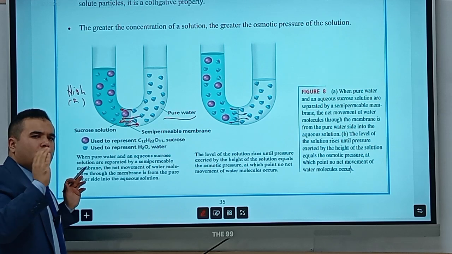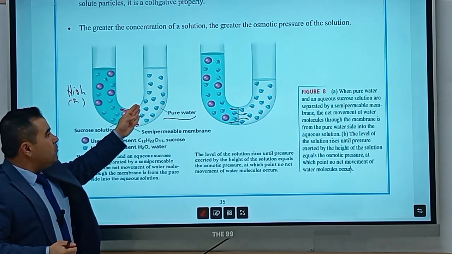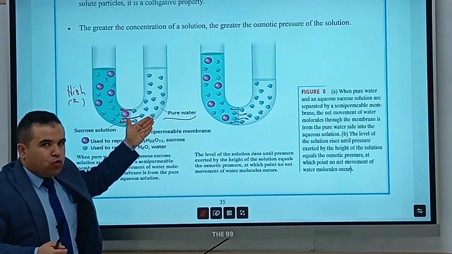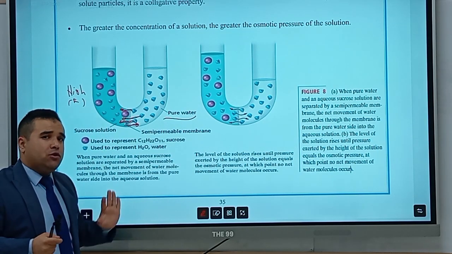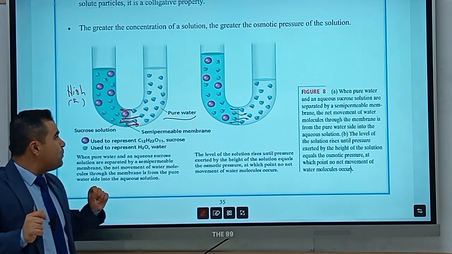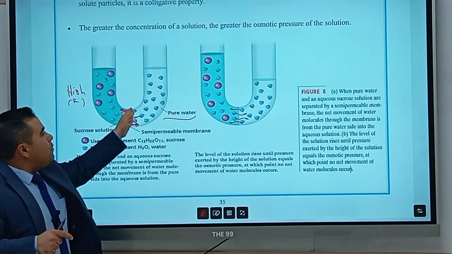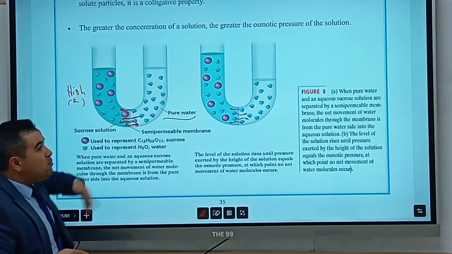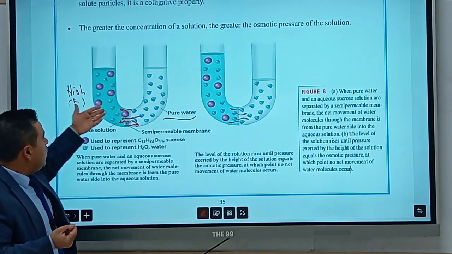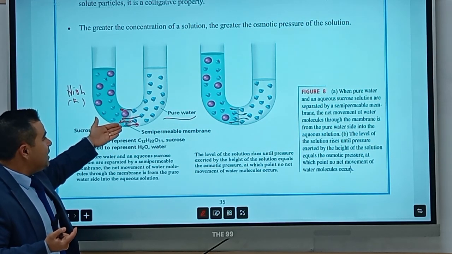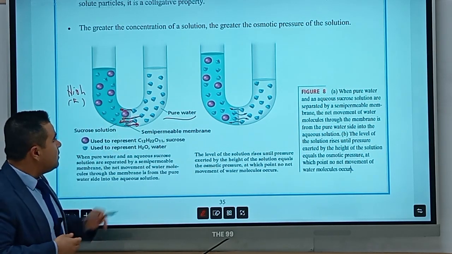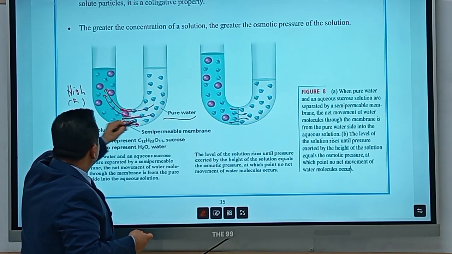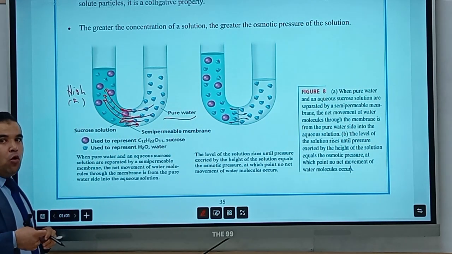We have to know that there will be movement of water from the low concentration to the high concentration, and as well from the high concentration to the low concentration. Only water can pass through this semi-permeable membrane. But the movement of the water from the low concentration side to the high concentration side dominates over the movement from the high concentration to the low concentration side. There will be the movement of water molecules toward the high concentration side much more.